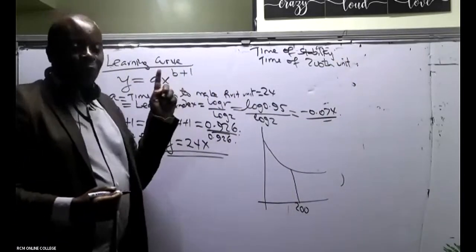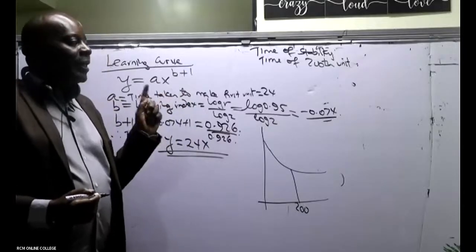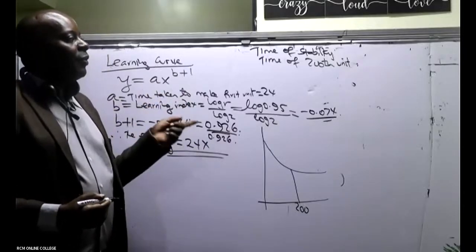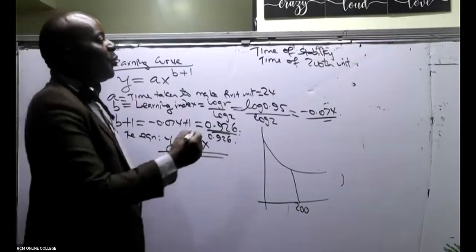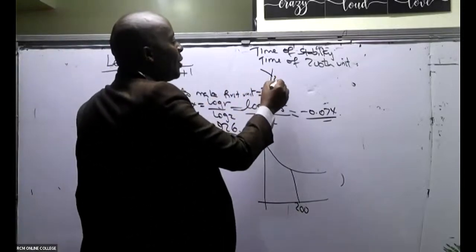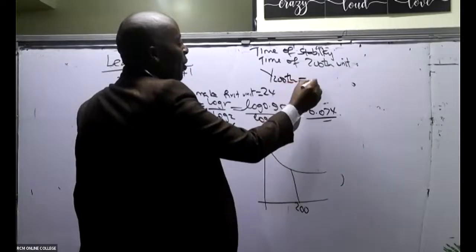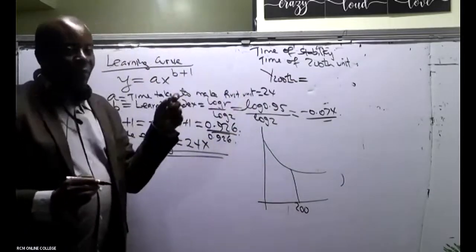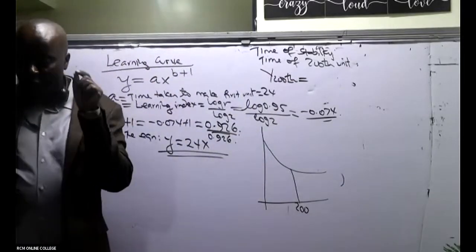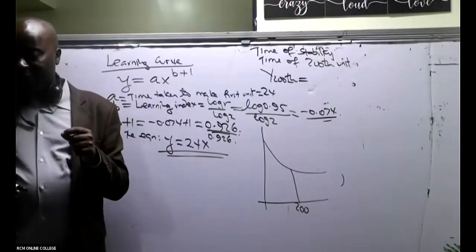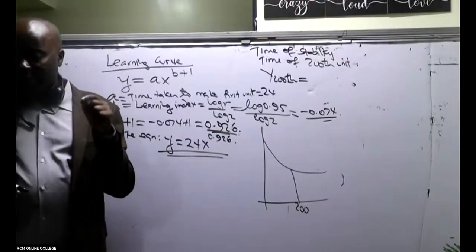So this needs some form of expansion. We must expand this. Time of the 200th kitchen, what we shall do here, we shall come on top of y 200th. Is there somebody who can expand this for me?